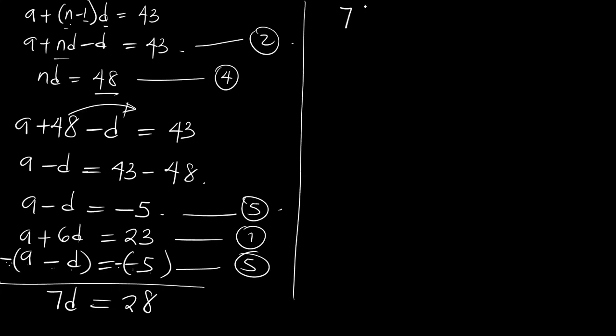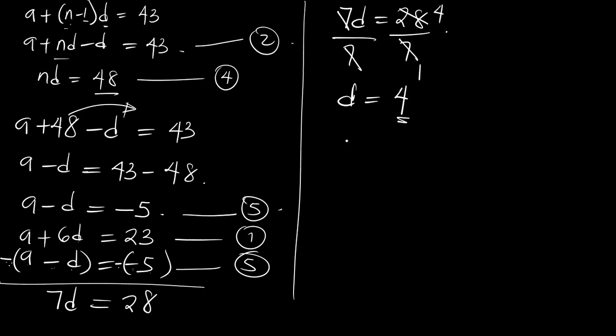So that means 7d is equal to 28. Divide both sides by 7. 7 cancel out, you have d equal to 4, because 7 into itself 1, 7 into 28 is 4. So d is equal to 4. Since d is equal to 4 and a minus d is equal to minus 5, let me call this equation 6.